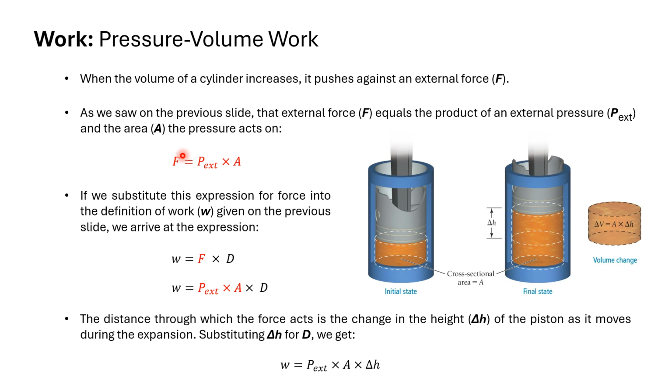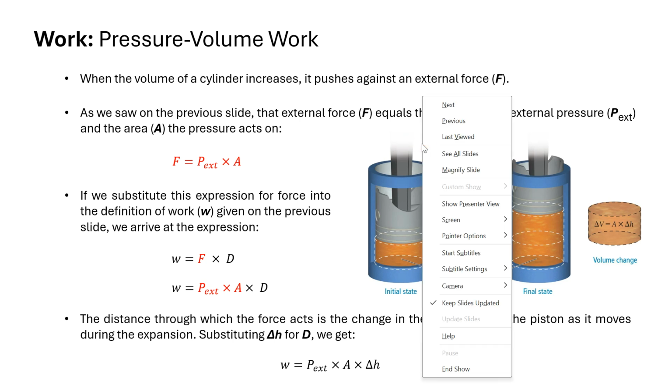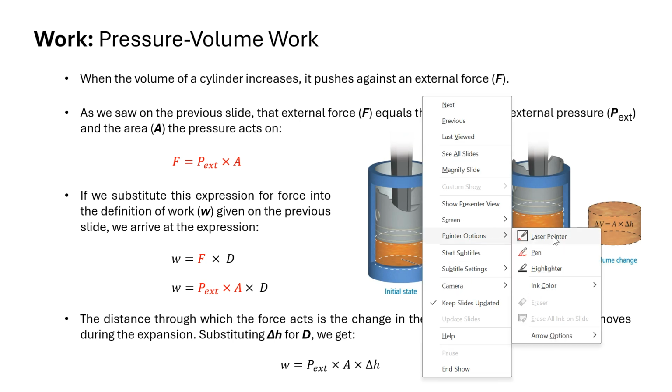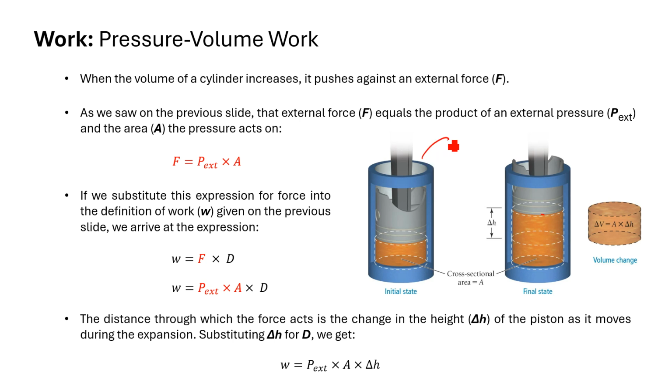Here's a better graphical representation than the one I just drew. If you're trying to move the piston up, you're pushing it against some external pressure. Where's the external pressure? Here's the external pressure, the pressure of the room, basically.